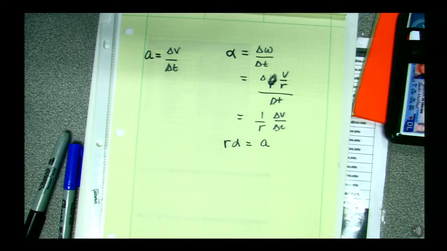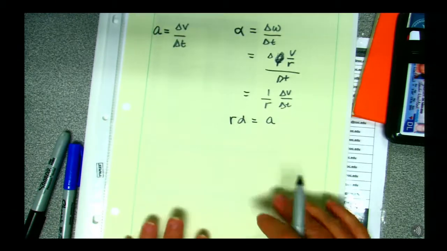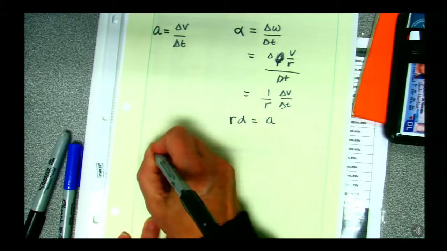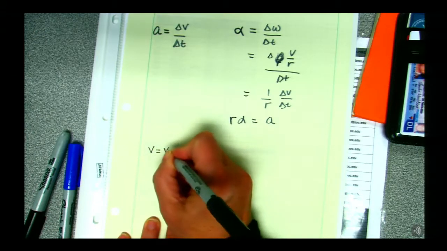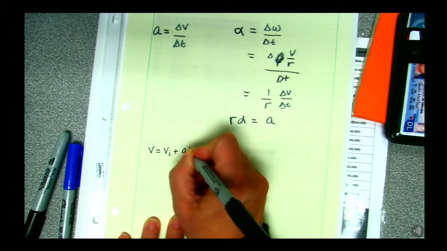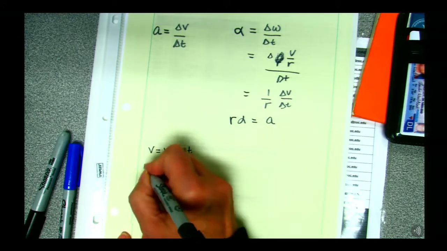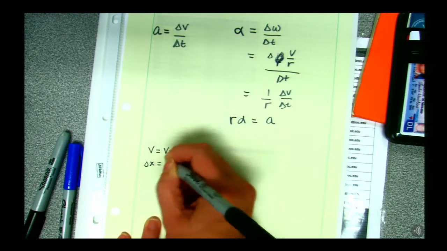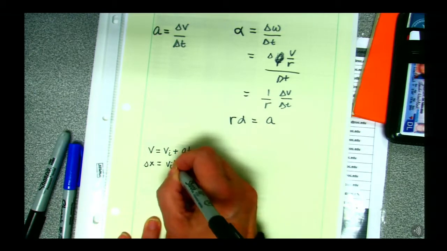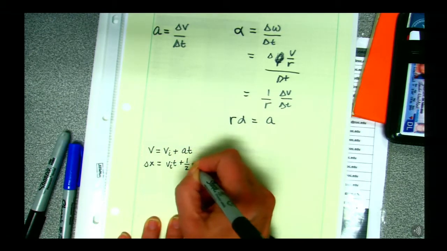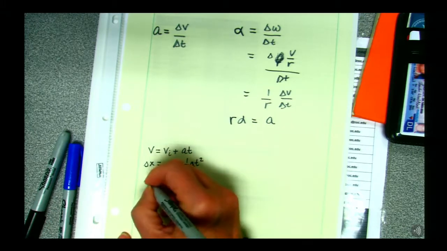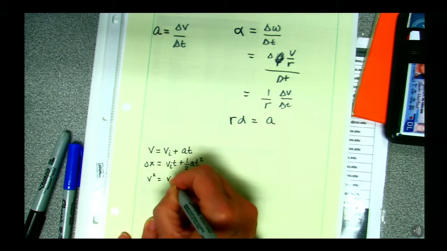So what this gets us, and this is where we're going to stop, is the same types of equations that we've had before. Velocity is equal to initial velocity plus acceleration times time. The change in position is equal to my initial velocity times time plus 1/2 A T squared. V squared is equal to V initial squared plus 2 A change in position.